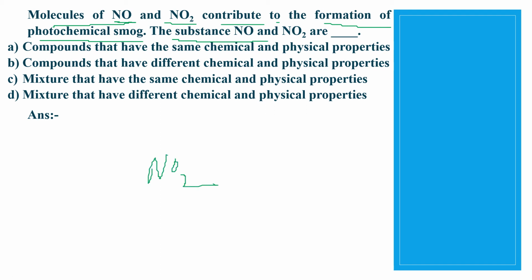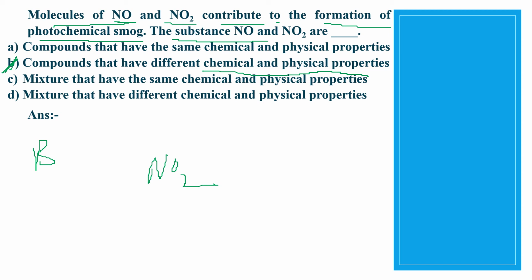So they have different chemical and physical properties. So we select B as the right answer, because they have different formulas and different physical as well as chemical properties. So B is the right answer.